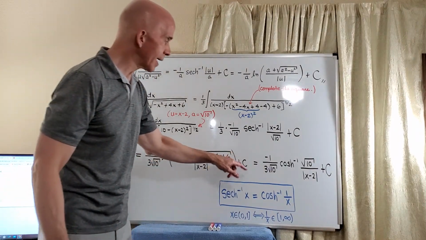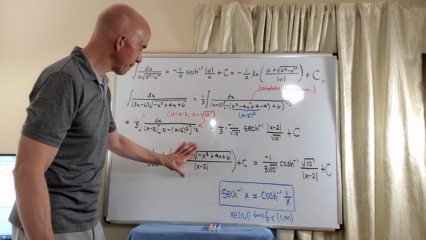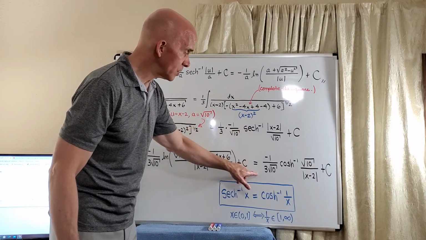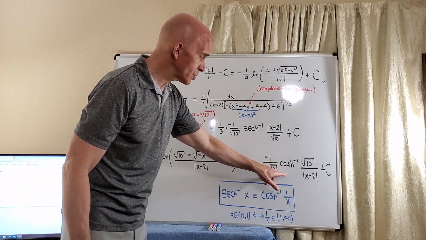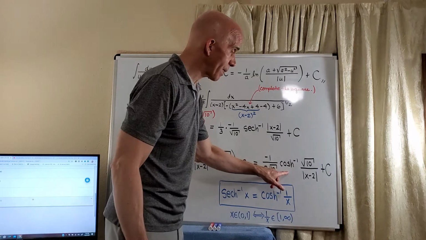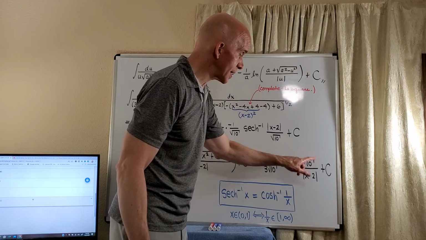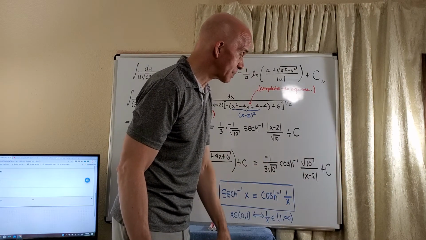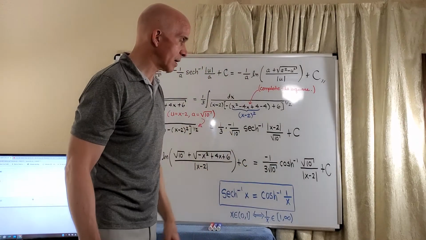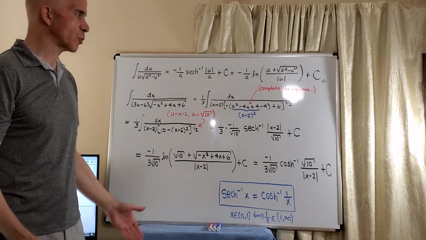And so if you like, if you just want to bypass the log form altogether, you can rewrite this antiderivative using the inverse hyperbolic cosine. So you'll get -1 over 3 root 10 times the inverse hyperbolic cosine of square root of 10 divided by the absolute value of x minus 2 plus a constant. So basically you reciprocate the argument. But that's really neither here nor there.